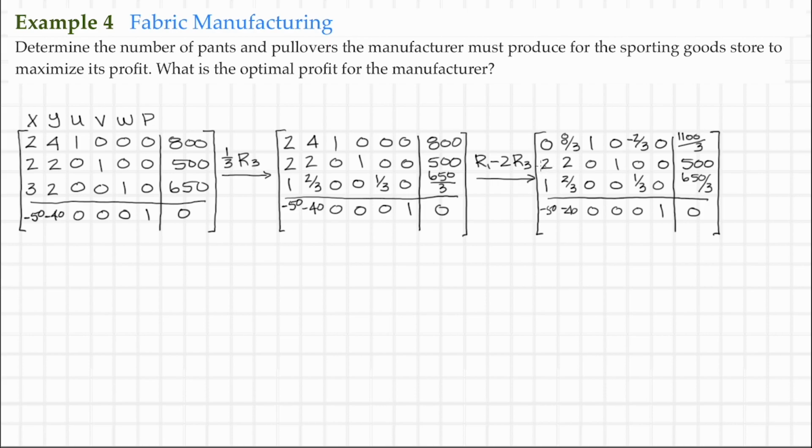So now we could target this element here. So we'll take row 2 minus 2 times row 3.